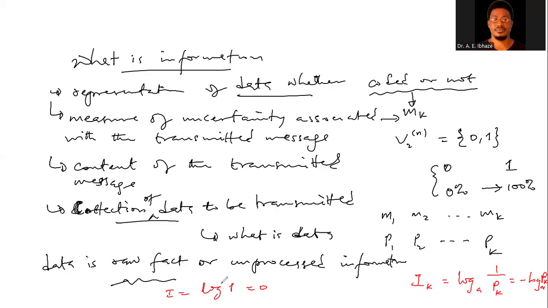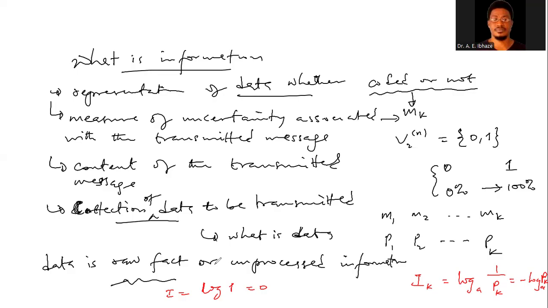If we are sure that the event is going to occur, the probability is 100%, so there is no uncertainty. Then no information is passed.